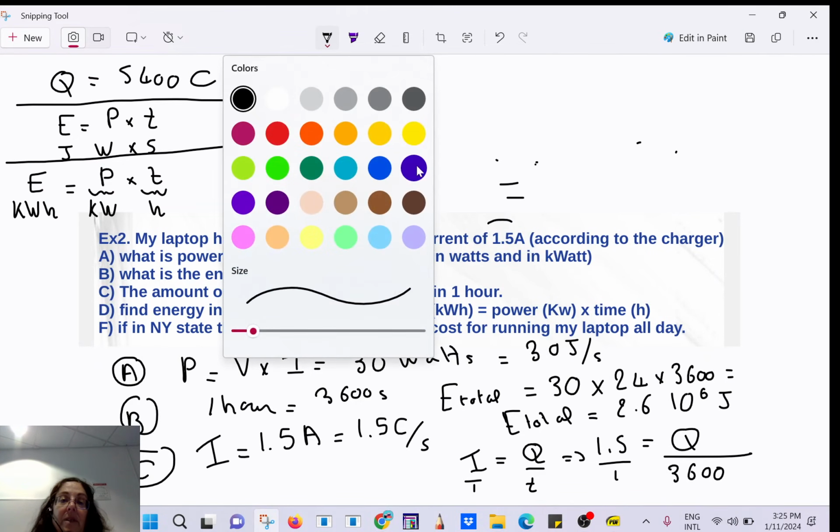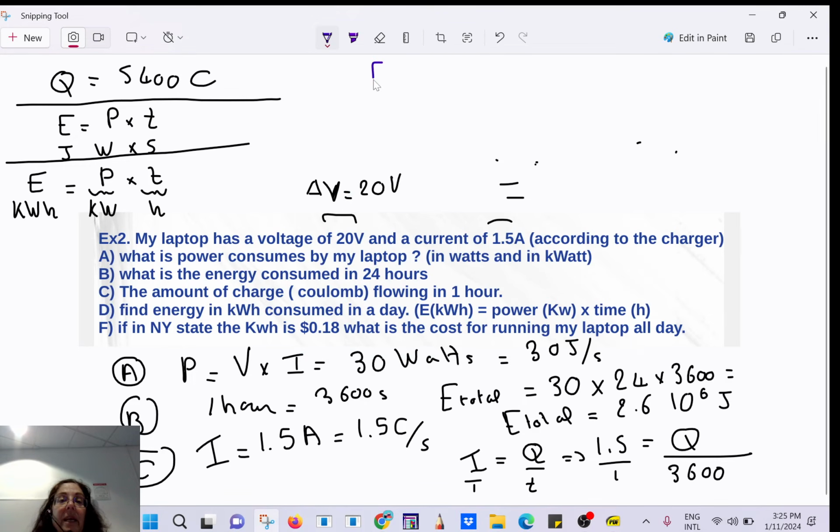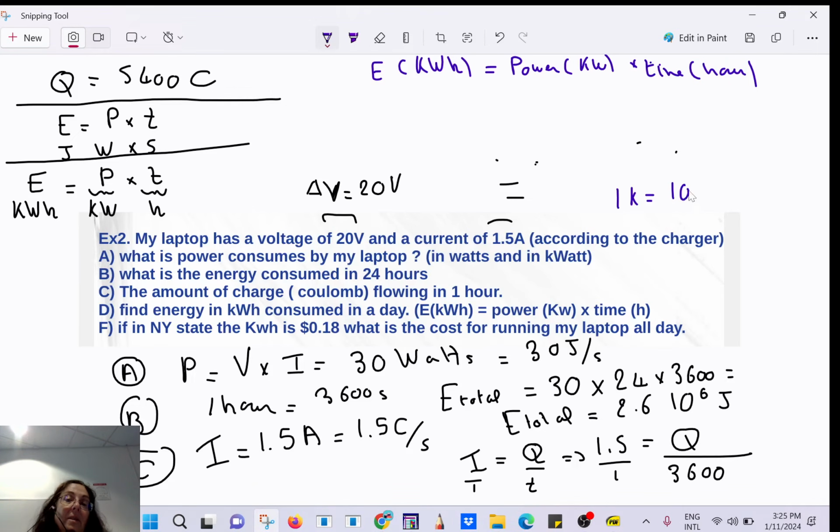The energy in kilowatt hours, a unit of energy, equals the power in kilowatts times the time in hours. Let's review from physics 1: 1 kilo is how many? 1,000, right? Like 50K means 50,000.